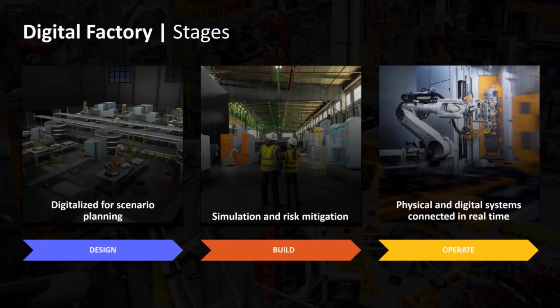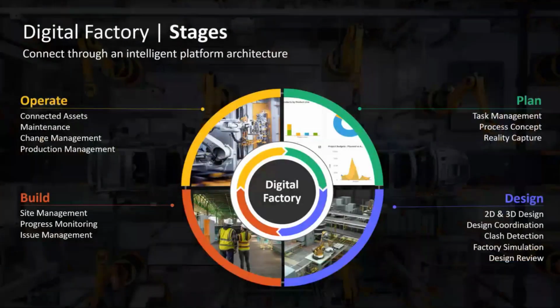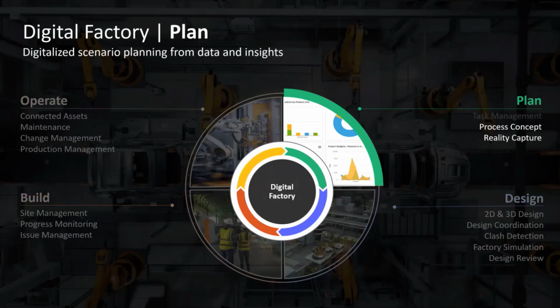How do you simulate all the risks, with physical and digital systems connected in real time? This is where we talk about IoT sensors. But today's session will focus on the right-hand side, the planning and design stage only. We won't talk about task management, but about process concept and reality capture.